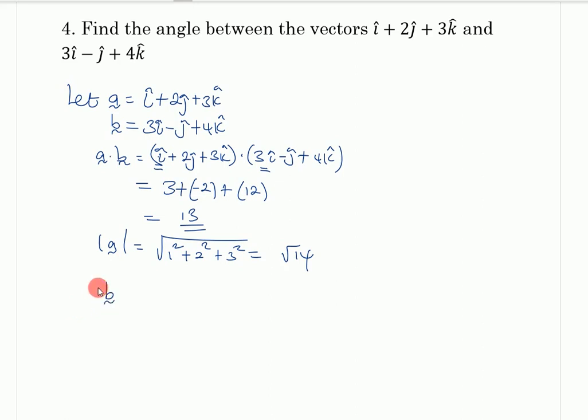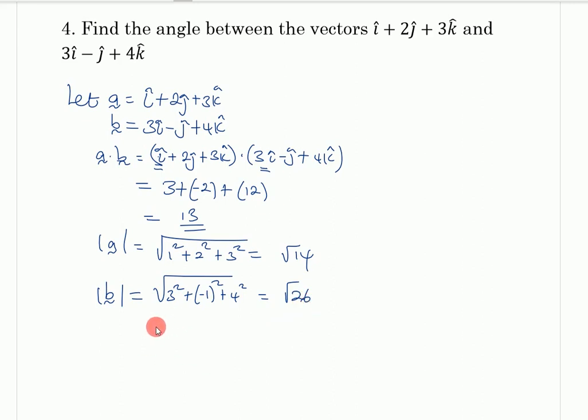Then the magnitude of b is the square root of 3 squared plus negative 1 squared plus 4 squared. That is 9 plus 1 is 10, plus 16 is 26. So we have root 26 there.